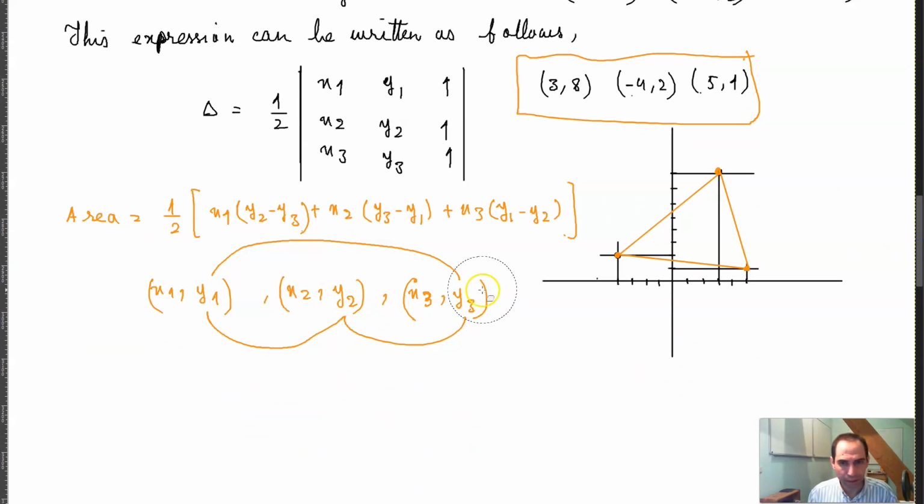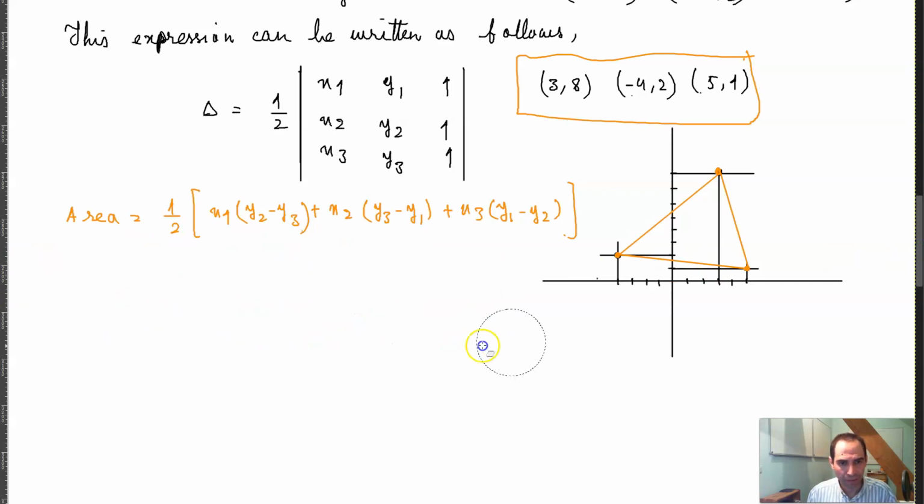What that means is that now we can calculate the area of this triangle, which is equal to 1/2 times, now take these as point 1, point 2 and point 3, meaning that this becomes x1, y1, x2, y2, x3, y3, right?